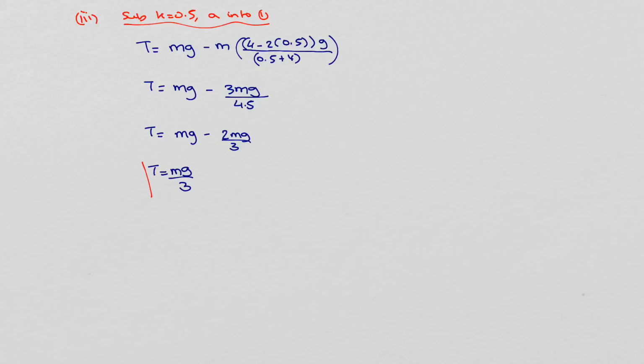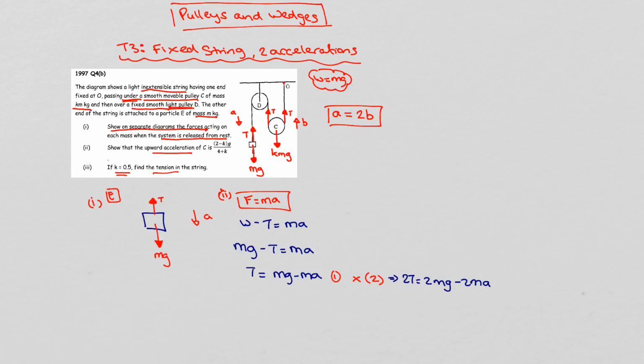Okay, so where were our marks going for this? It was 25 marks total. So we had 5 for the diagrams.